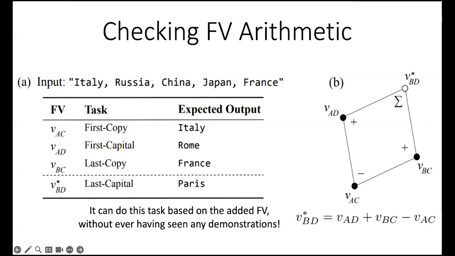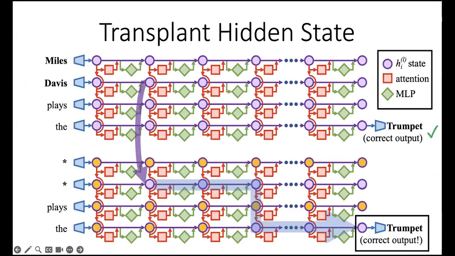The method that we use is really intended to be as direct a method as possible. We directly intervene in the network, we directly put in this vector.